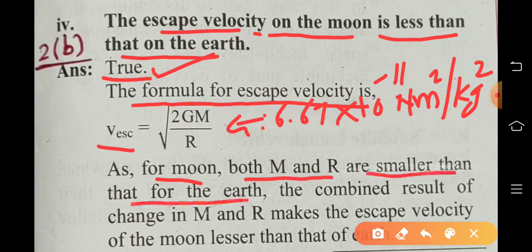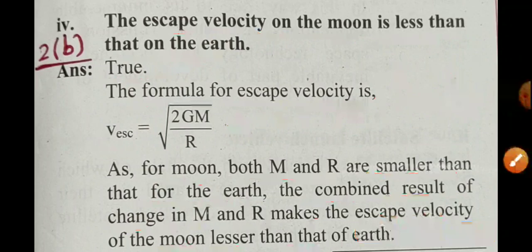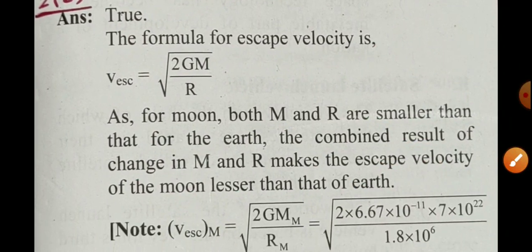The combined result of change in M, meaning mass, and capital R, meaning radius, makes the escape velocity of the moon lesser than that of the earth. All are getting?